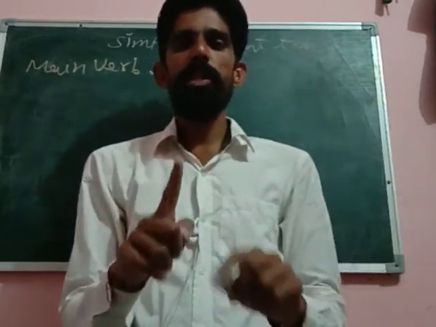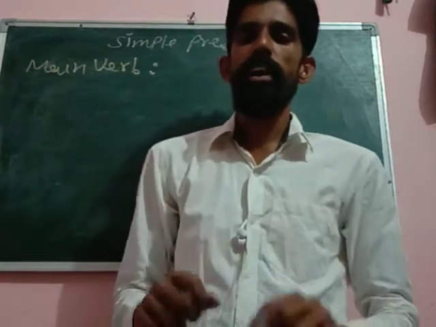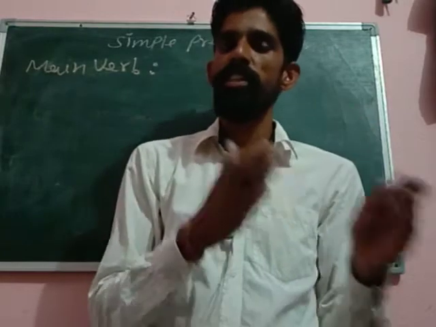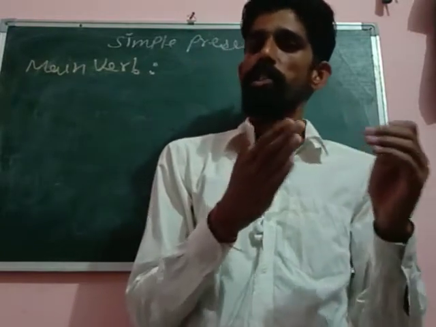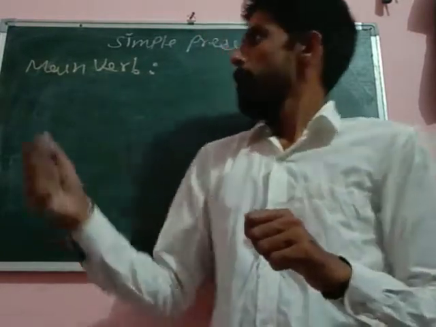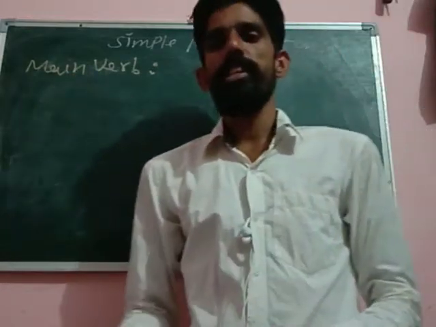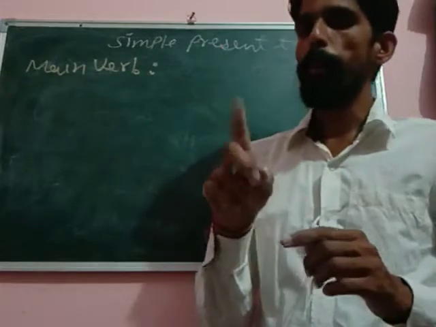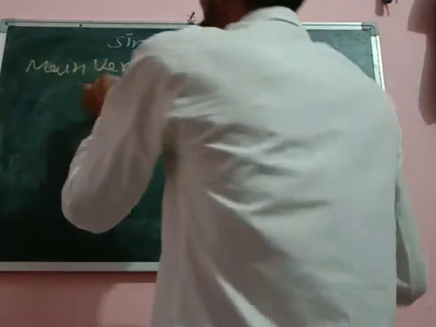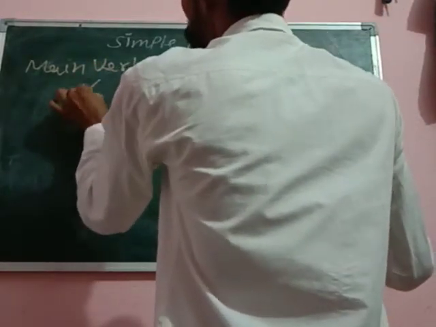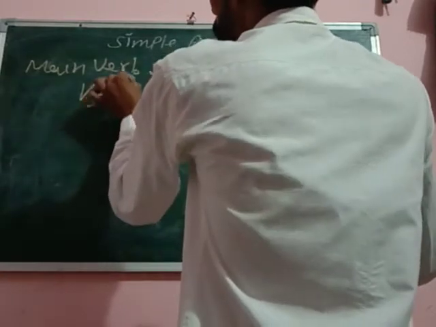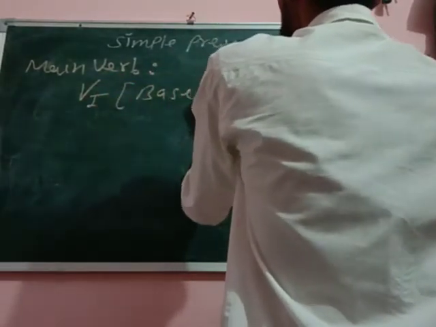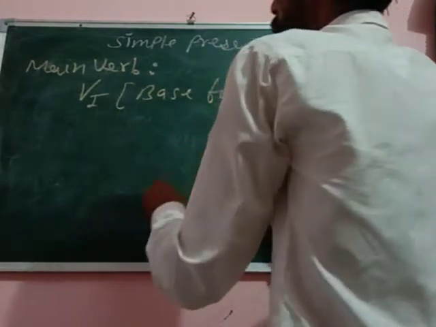The first form of the main verb is used with plural subjects, and the S or ES form of the main verb is used with singular subjects. But in negative or interrogative sentences of simple present tense we use only the first form of the main verb, meaning the base form. So only the first form of the main verb is used. It is also known as the base form, in negative or interrogative sentences.